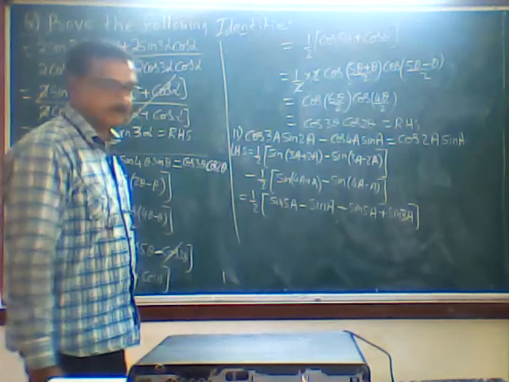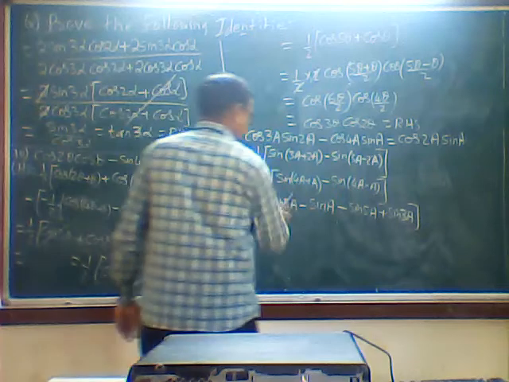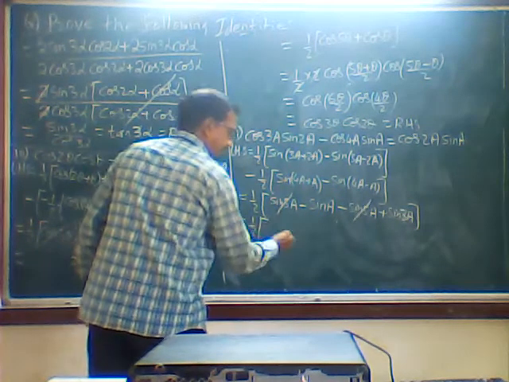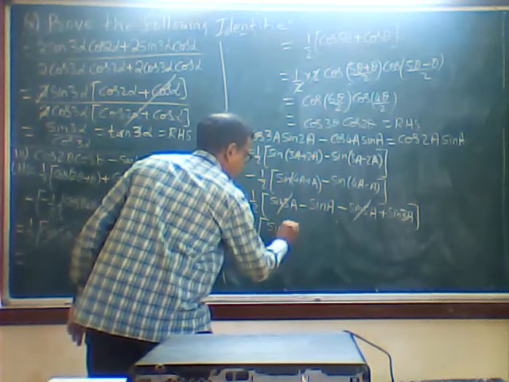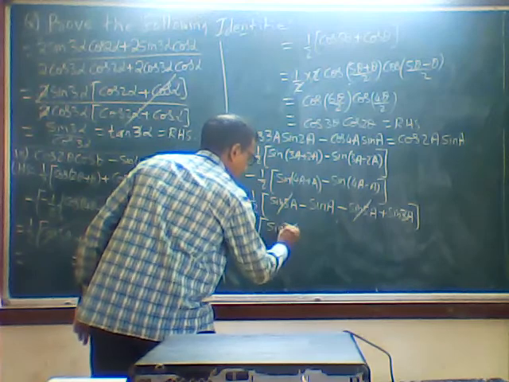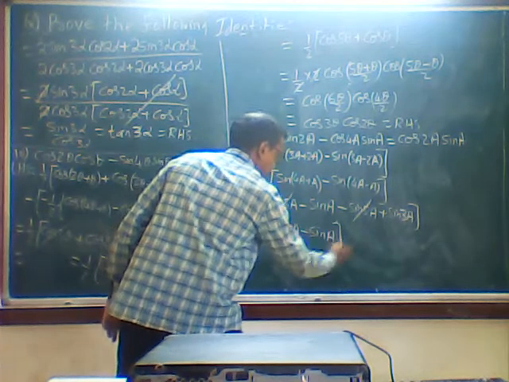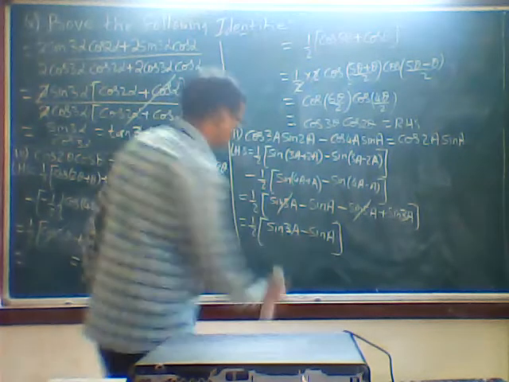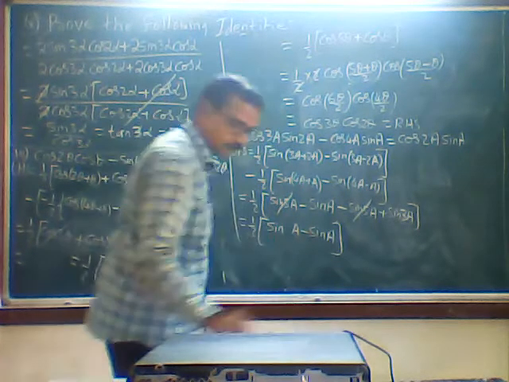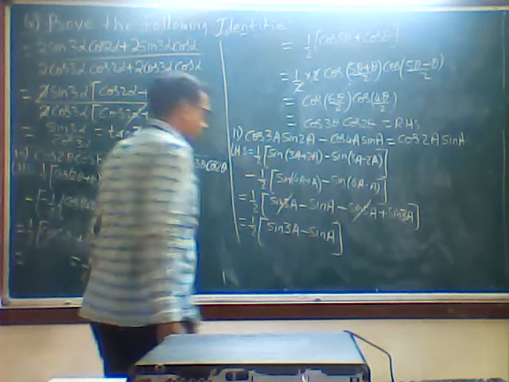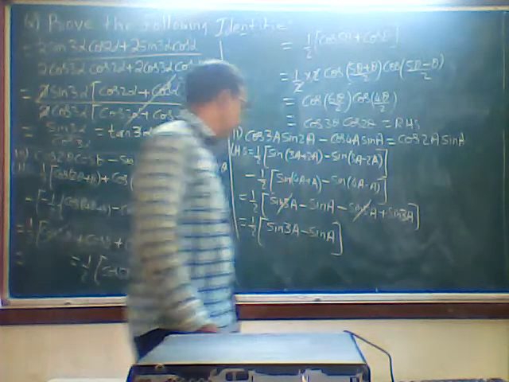Here, this and this will go. So I am left with half bracket sin 3a minus sin a.